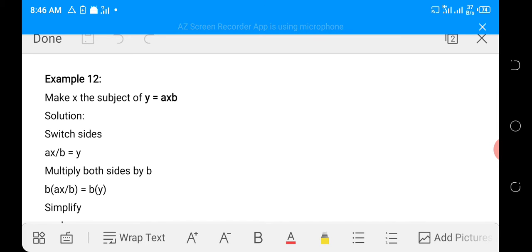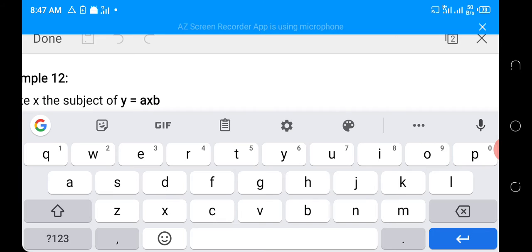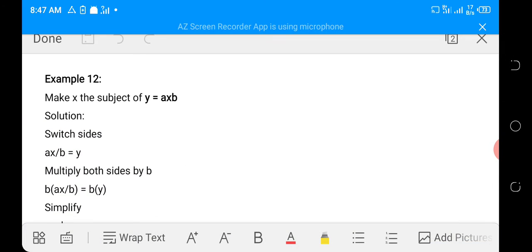We switch sides by rewriting it as ax over b is equal to y.